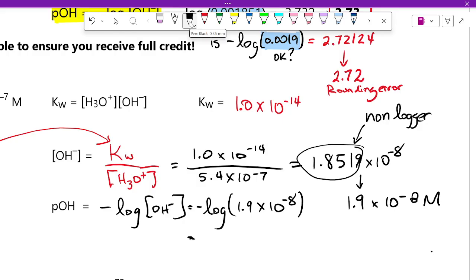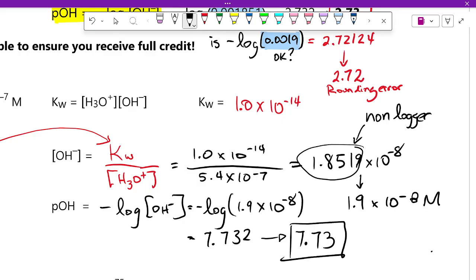And I just press log, and there it is. And what should that become? 7.73. Yay. Okay.